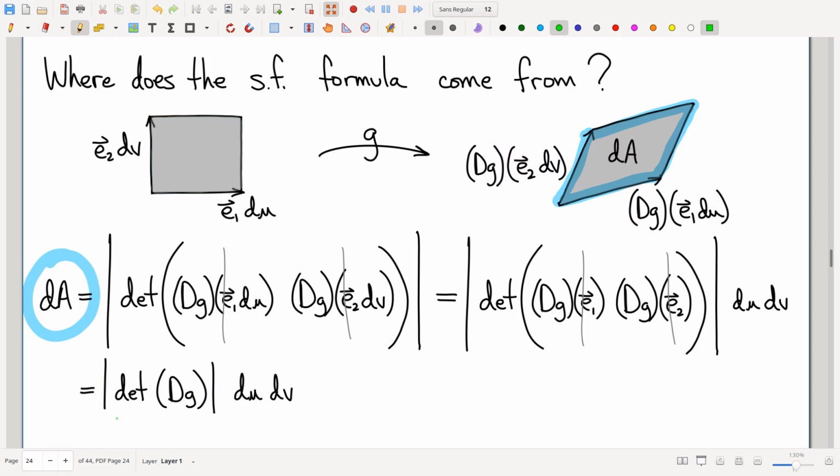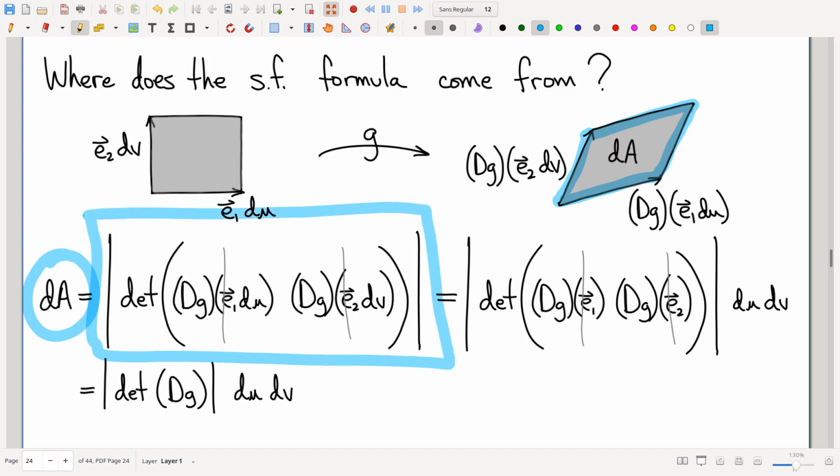There are a couple of steps in the process. The first step is to realize that for this parallelogram, we have a formula for how to compute the area of a parallelogram in R2. It is the absolute value of the determinant of the matrix that you get by looking at the edge vectors as the columns.